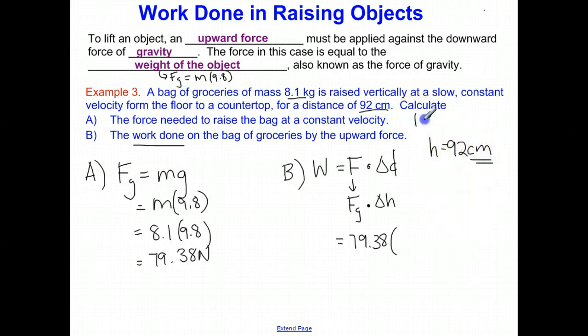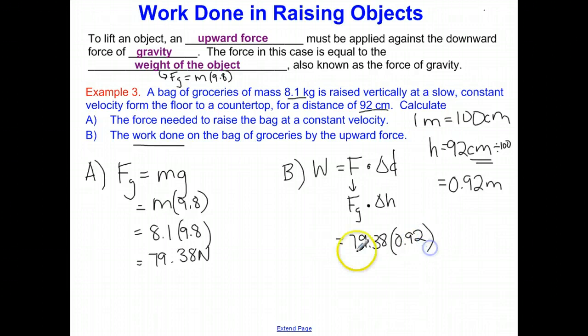Remember that 1 meter is 100 centimeters. So we divide this by 100, just so you know where that came from, and we end up with 0.92 meters as the distance we lifted it. And so now we have our force times our distance.